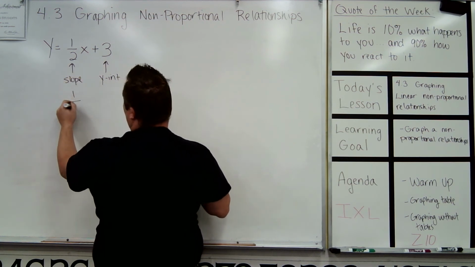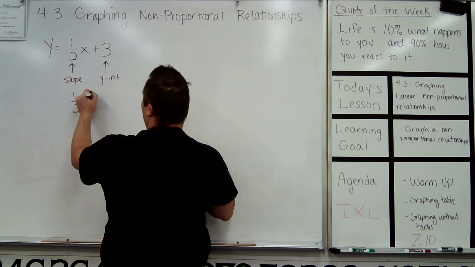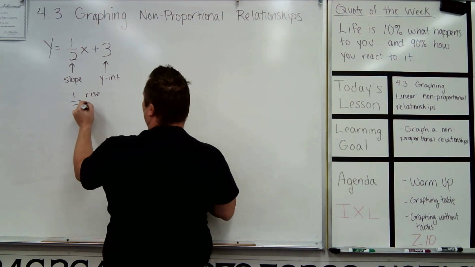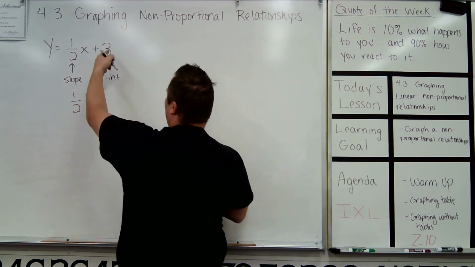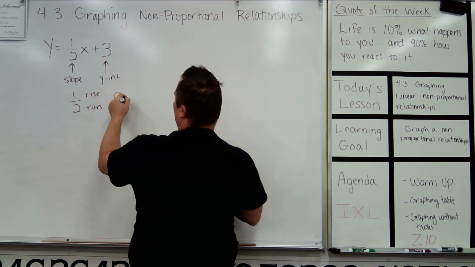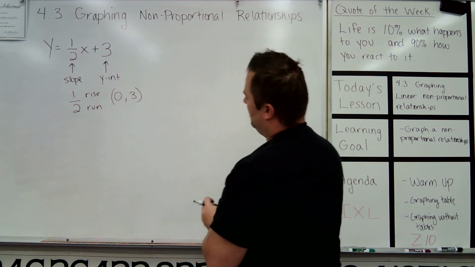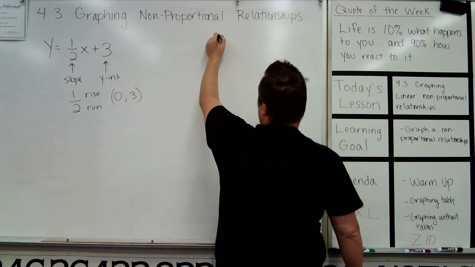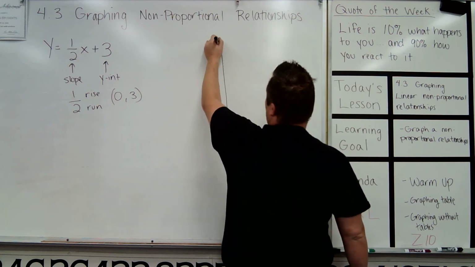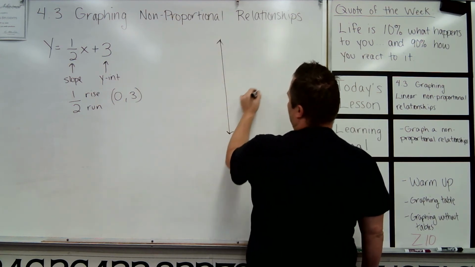That means 1/2, with 1 being the rise and the 2 being the run, and my y-intercept is going to look like 0, 3. So if I want to graph this, let me make my axis right here.